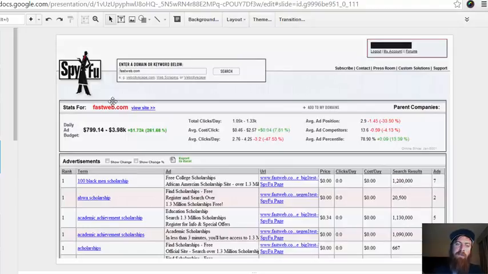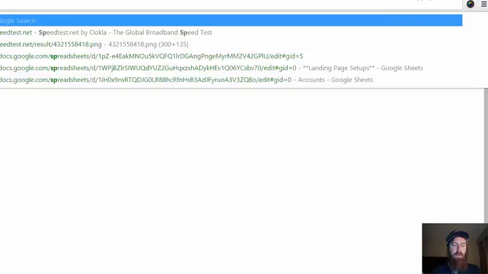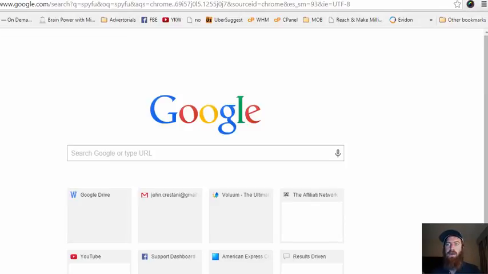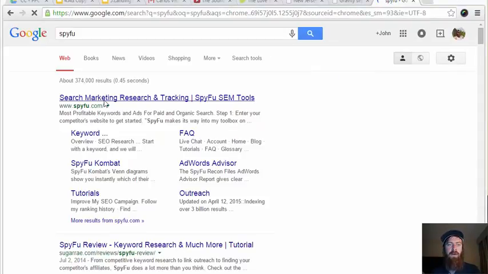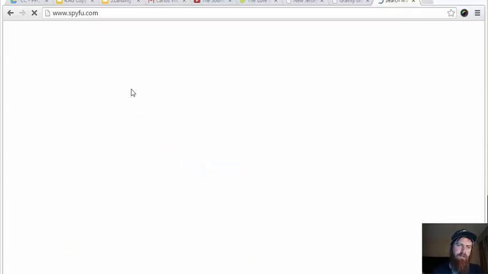As I said, SpyFu is a really good tool. Let's type it in here. I'll just show it to you real quick. Let it load for a second.